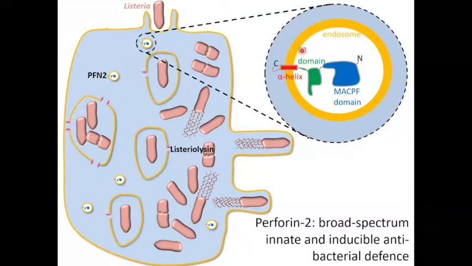What happens is that when this becomes active, we believe that this linker between the soluble region of the protein here, consisting of this perforin-like domain or MACPF domain, and this P2 domain, which is characteristic of perforin 2, you'll see the structure of that domain shortly, this region gets cut off from the transmembrane region, and then it can target the bacteria that are living inside your cells. And targeting the bacteria, it kills them. So basically, by mechanisms we're not entirely sure about yet, but we're working towards them, and I'm going to show you how we've worked towards them so far, this protein will target the bacteria.